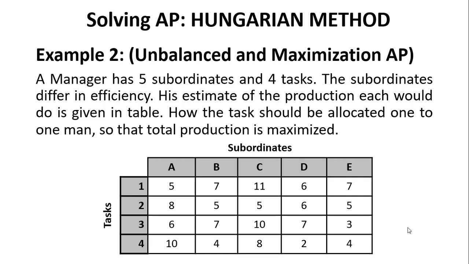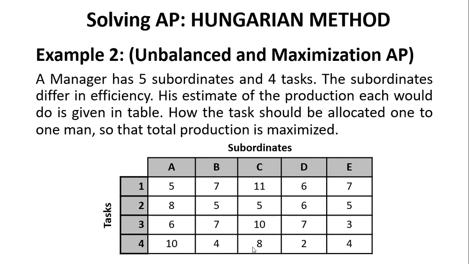So the question is how the tasks should be allocated one to one man so that total production is maximized. So this matrix basically gives the efficiency index. Okay, this accounts for the efficiency of each subordinate. So we have 5 subordinates, 4 tasks. The problem is not balanced.